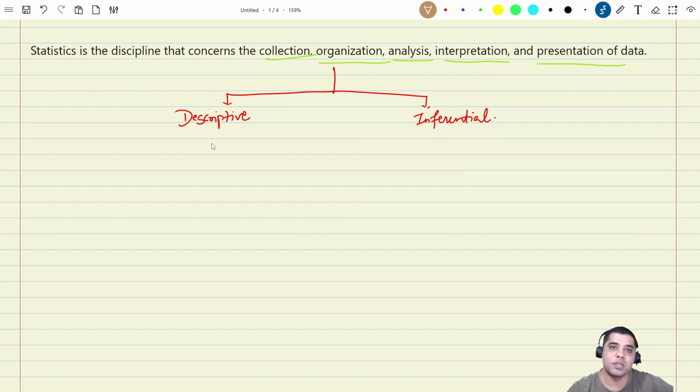So in descriptive statistics, there are 3-4 steps which we look for.